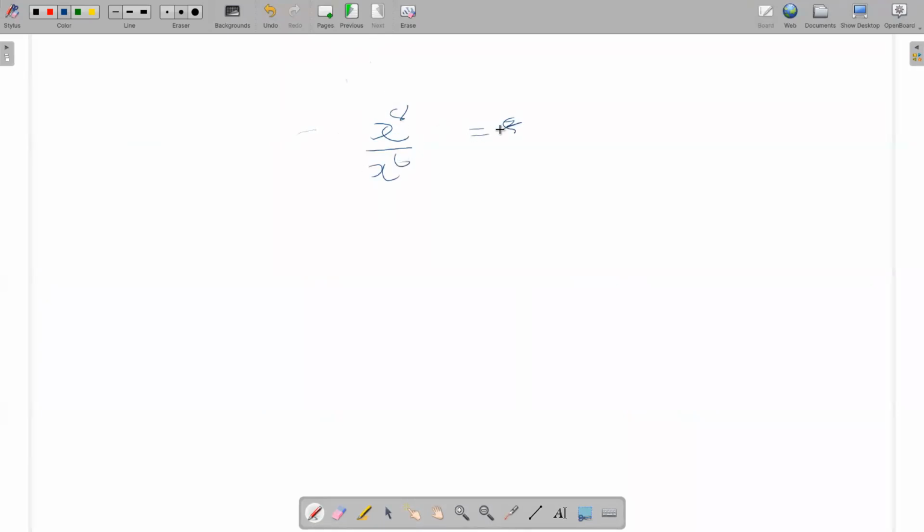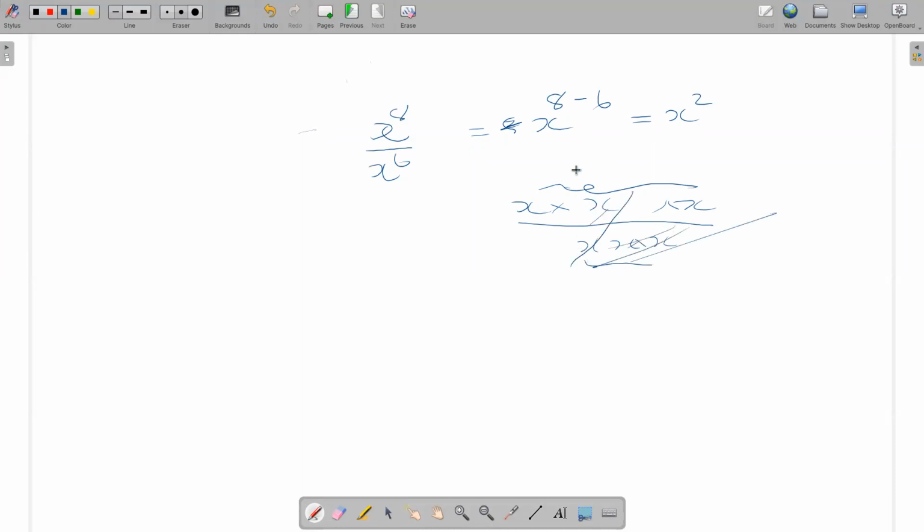8 minus 6, so you get x to the 2. This is because you can write x to the 8 as 8 x's; in the denominator there are only 6 x's, so you can cancel out 6 of them and 2 will be left. So you can get that by subtracting.